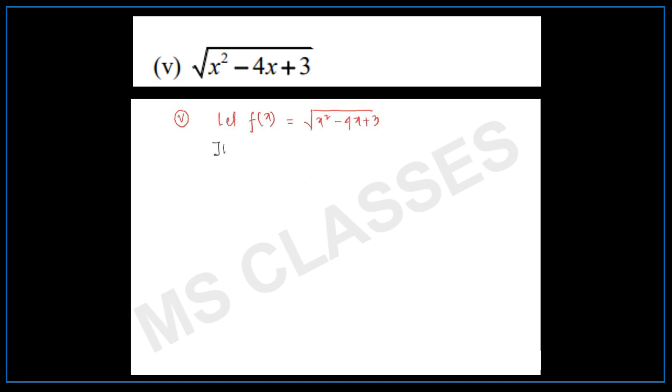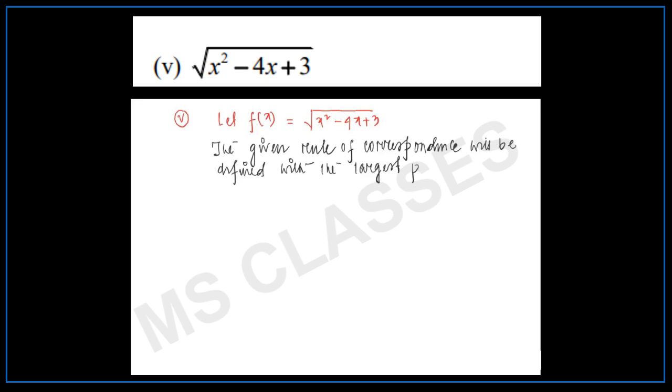So the given rule of correspondence will be defined with the largest possible domain when x square minus 4x plus 3 greater than equal to 0. (x minus 1) into (x minus 3) greater than equal to 0.